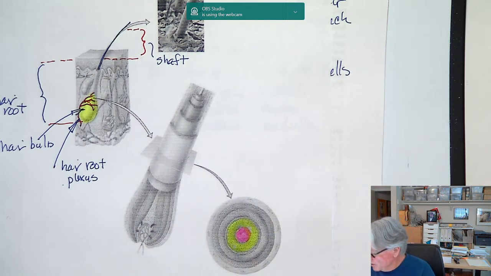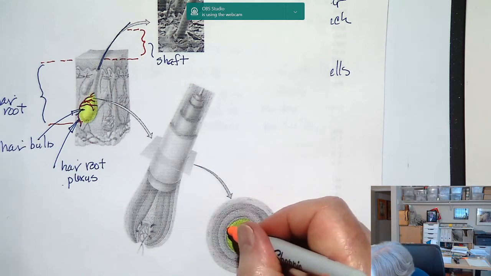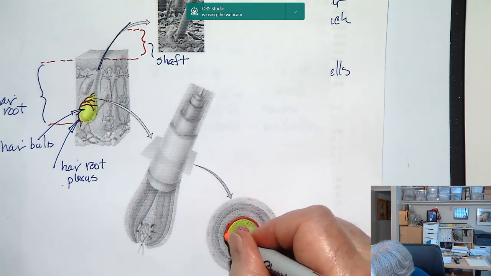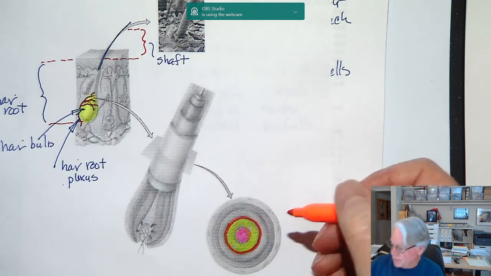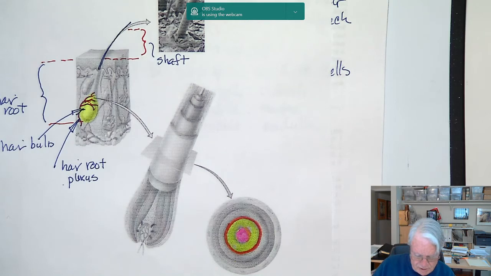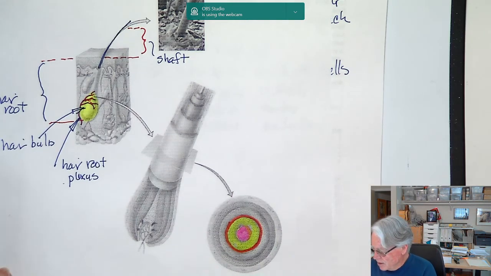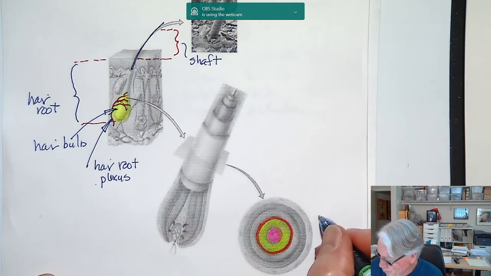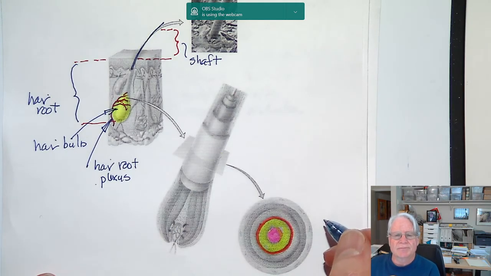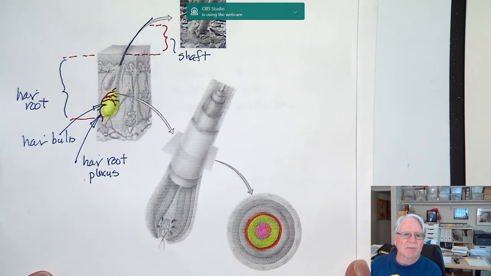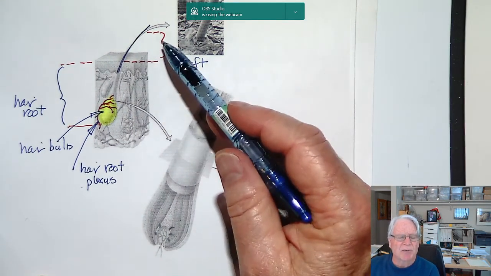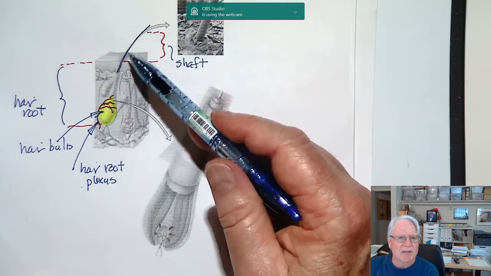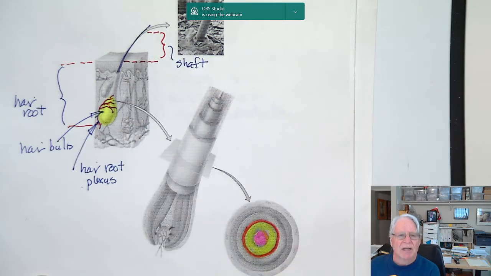And then we have one more. Let's go ahead and do orange. Okay, so those are our 3 right there. And let's go ahead and just label this. So this is going to be the hair root. So as to not confuse anybody, I want to make sure the shaft is the superficial part. When it gets down here, it's called the root, but what we're talking about is the actual hair itself.